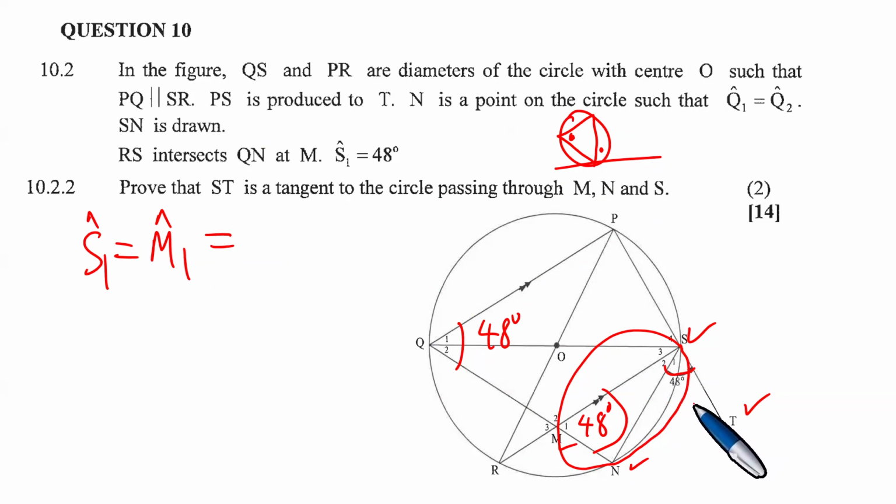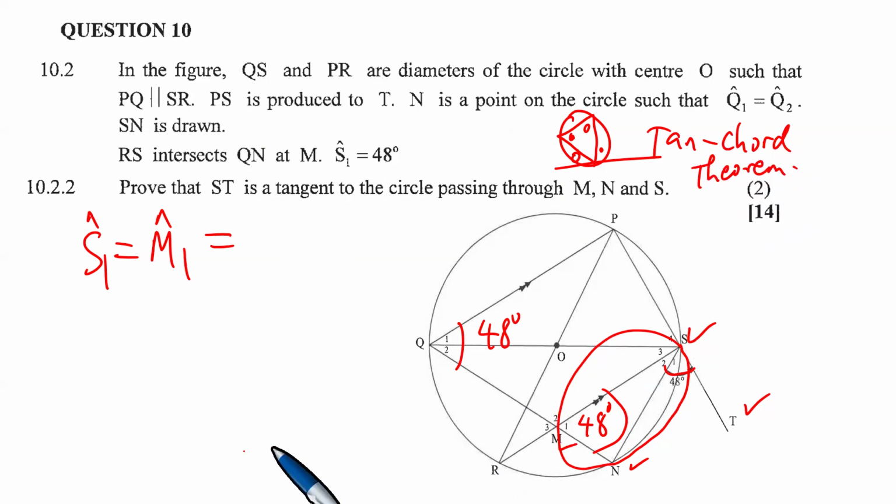If there's an angle here, it is always equal to the angle there. This is called the tan-chord theorem. It's a theorem, guys. You have not seen it in class. There are many theorems I'm still going to prove, so please stay tuned. We know that this one is 48 degrees, as the examiner gave, and this one is also 48 degrees.